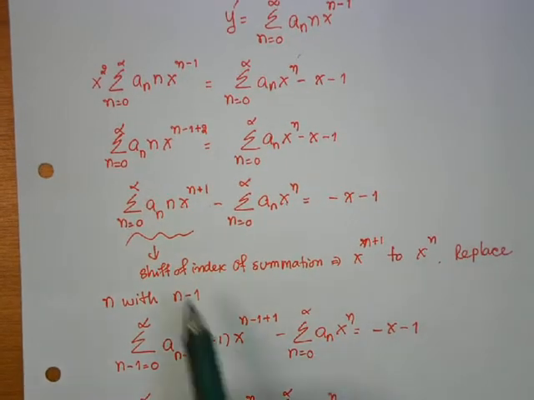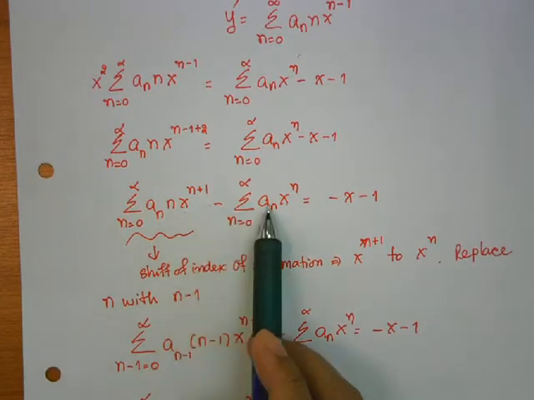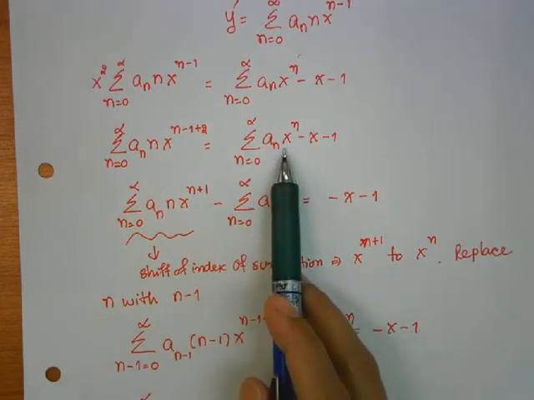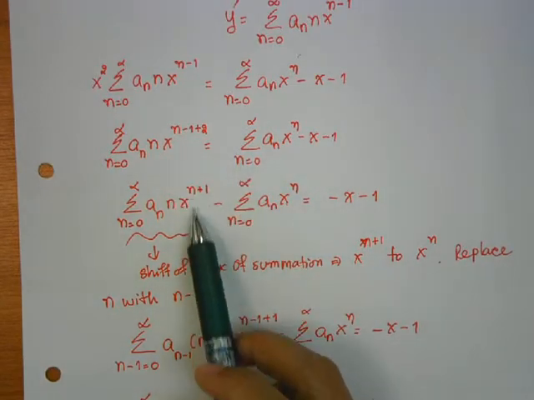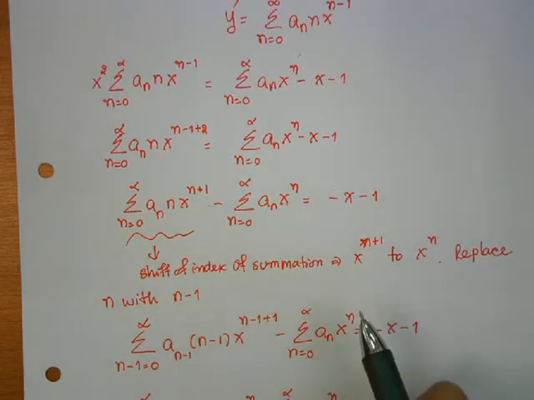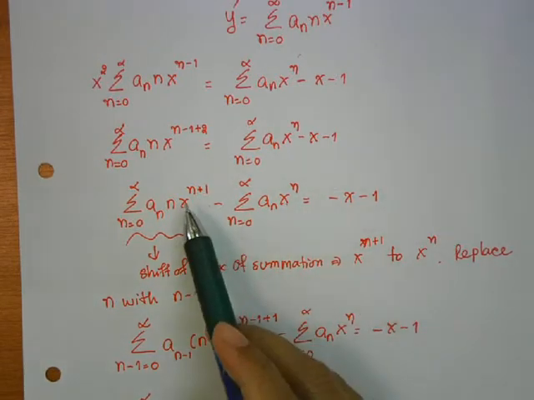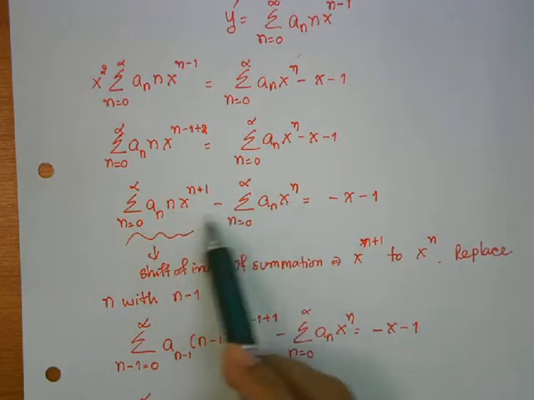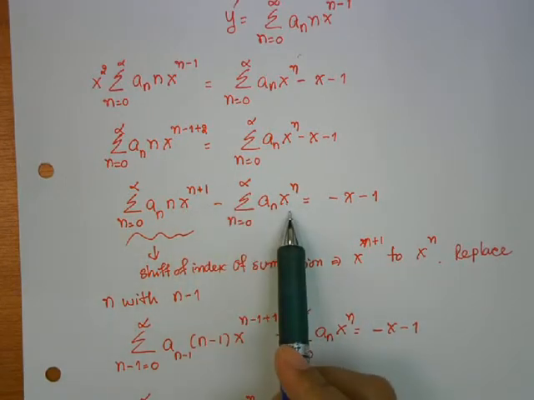I move the term of x to the power n to the same side as x to the power n plus 1. Now these two terms cannot be combined because the power of x is different.